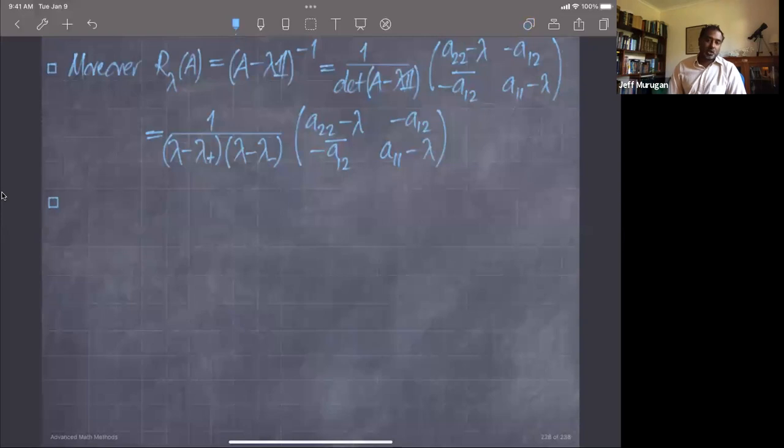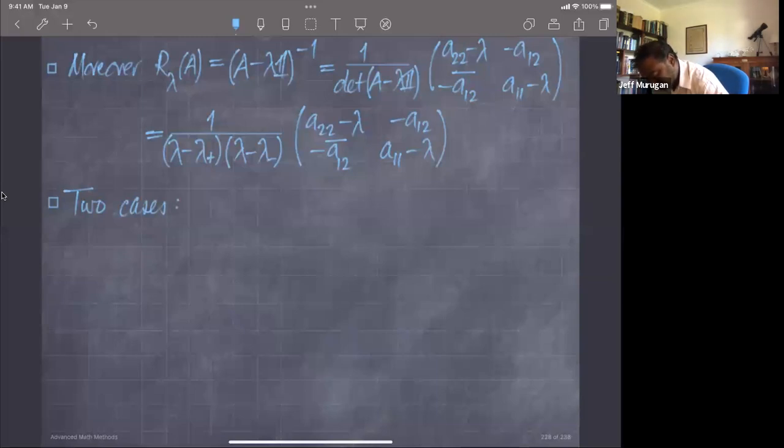So now I have to distinguish two cases. My claim, what I'm trying to show with this example, is that if I have a Hermitian matrix A or Hermitian operator, then at most I'm going to get simple poles, right? So now let's distinguish two cases. Case one is if lambda plus and lambda minus are distinct.